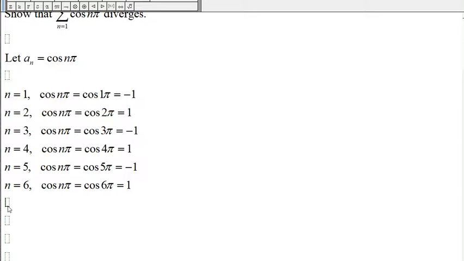So the pattern we're seeing here is that cosine of n pi is equal to -1 if n is odd, and cosine of n pi is equal to 1 if n is even.